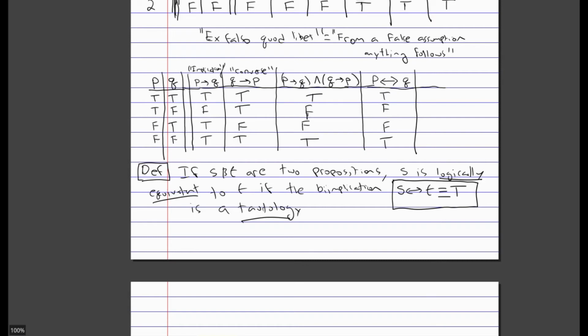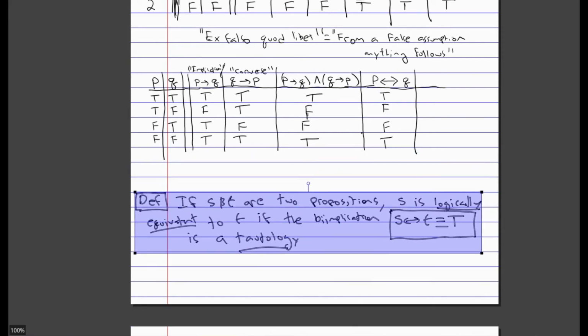So I guess for this example right here, what I'm trying to show is how we define two logically equivalent statements. And what we've just shown over here is the following.